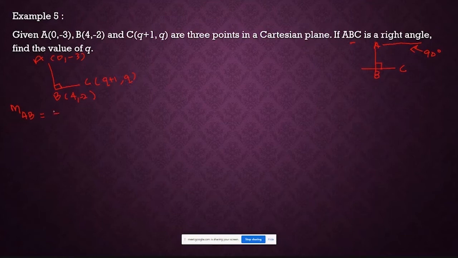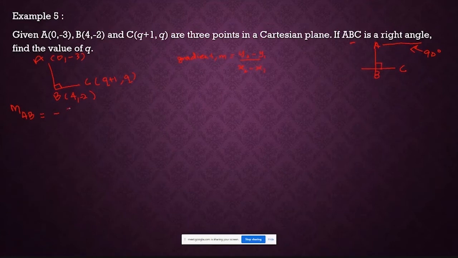The formula for gradient: m equals y2 minus y1 over x2 minus x1.